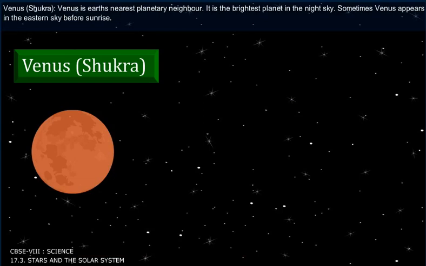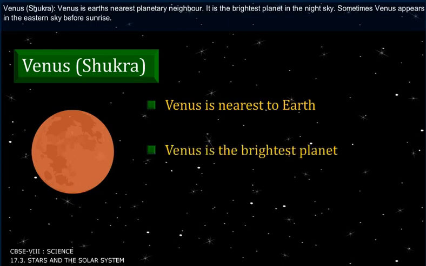Venus, Shukra. Venus is Earth's nearest planetary neighbor. It is the brightest planet in the night sky. Sometimes Venus appears in the eastern sky before sunrise.